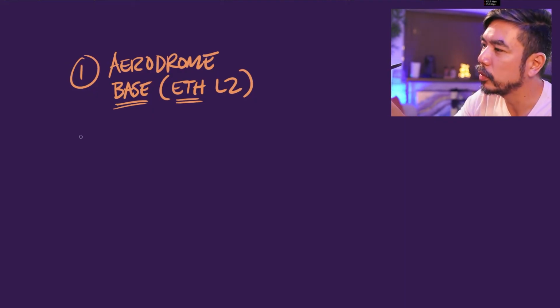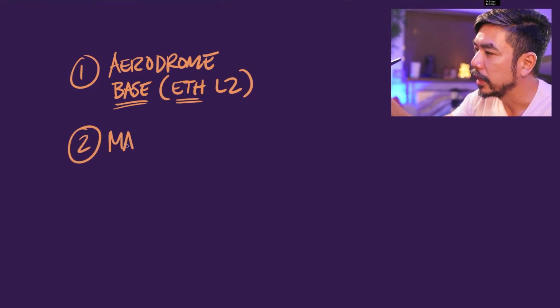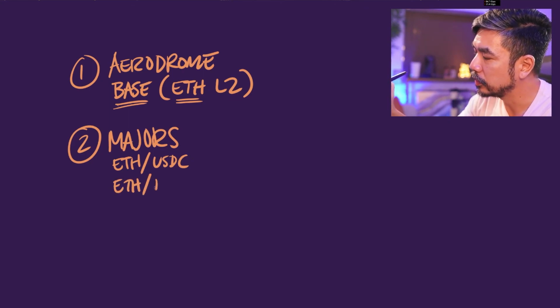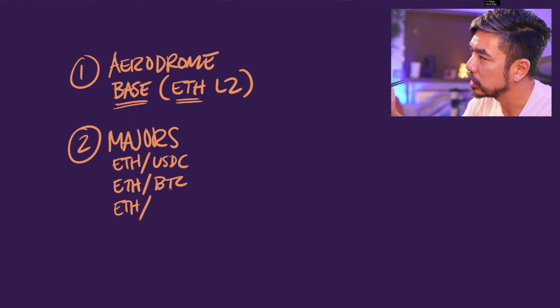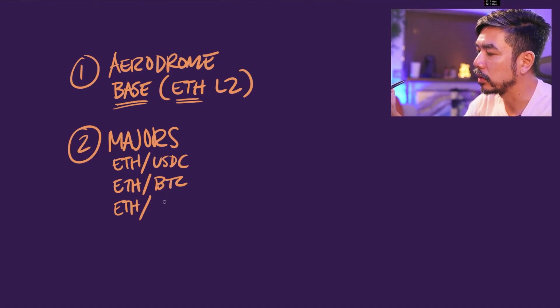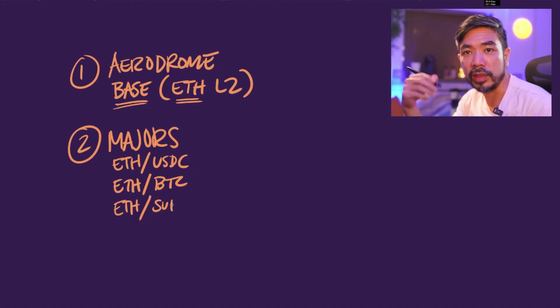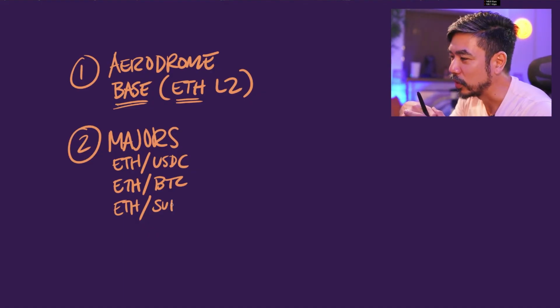And I would probably stick with the majors, right? So what do I mean by the majors? Well, I mean ETH USDC, I guess, is one. I like ETH BTC also. And there are some interesting ones in Aerodrome where they allow you to trade between ETH and, say, SUI, which is one of the big up-and-coming tokens.